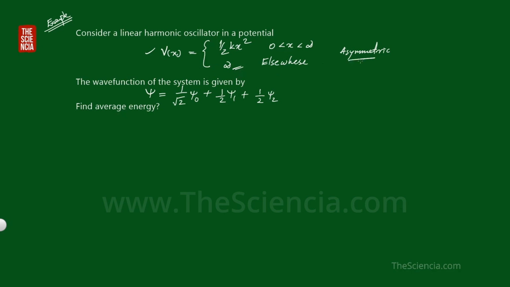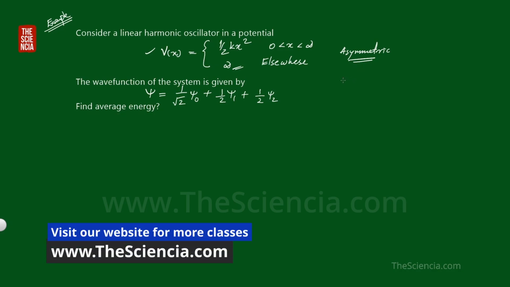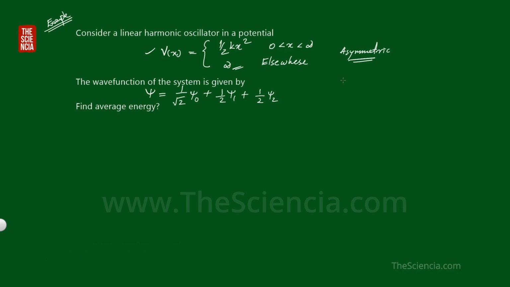In the question it is not specified, but from the given potential we can identify this as an asymmetric linear harmonic oscillator. And it is a 1D oscillator because there is only x. Therefore it's a 1D asymmetric linear harmonic oscillator, and the wave function is given.